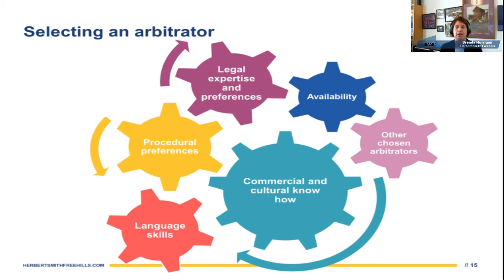In one example that crossed my desk, we had a situation where the arbitrator needed to be on the CIETAC panel, that's the Chinese arbitration institution, needed to not be a national of Hong Kong, which included China and Hong Kong, or a national of the EU, which at the time included the UK, had to be fluent in Mandarin and English, and had to be Hong Kong qualified.